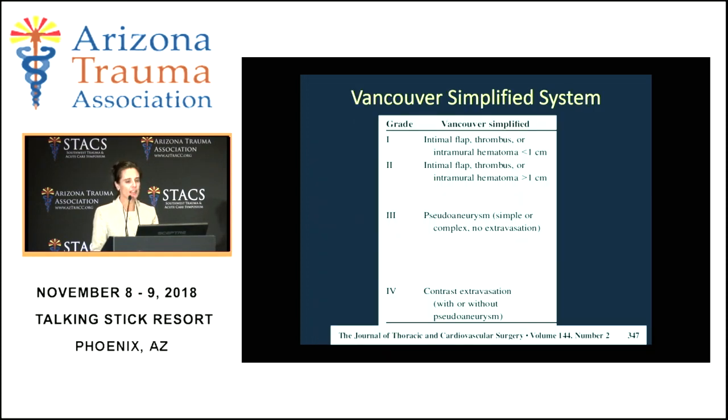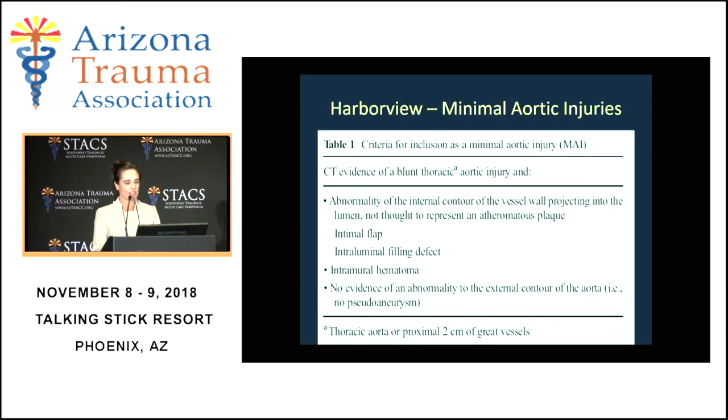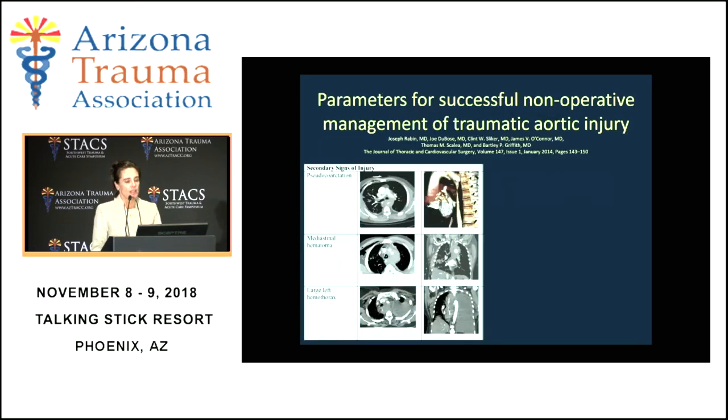A couple of simplified algorithms and systems have been developed to try and understand or at least categorize these injuries, but none have been standardized across all injuries and across all hospitals. So at our own institution, some of my colleagues looked at other associated findings that come with blunt thoracic aortic injury in an effort to try and determine which patients really need treatment quickly and which ones do not.